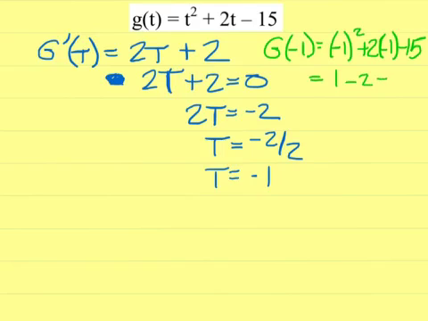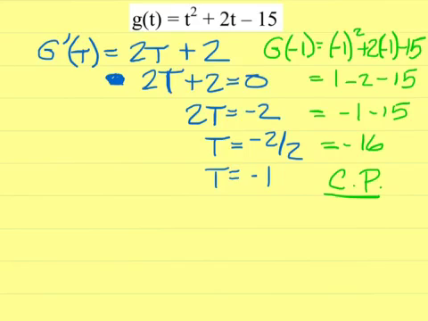So that's 1 minus 2 minus 15, which is negative 1 minus 15. That should be negative 16. So you have a critical point, CP, of (-1, -16). Everybody still with me? Okay, what do I do next?